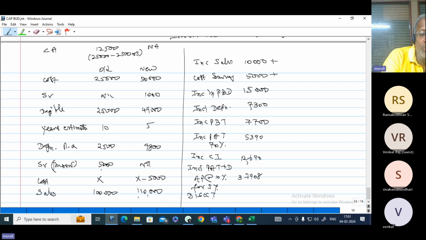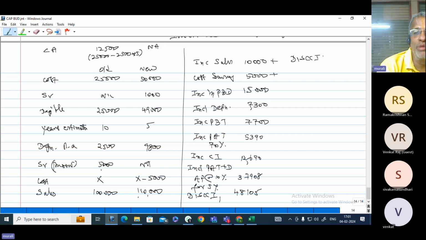Discounted cash inflow. So 3.7908 into 12,690, which is equal to, this is discounted cash inflow number 1, 48,105. Am I right?